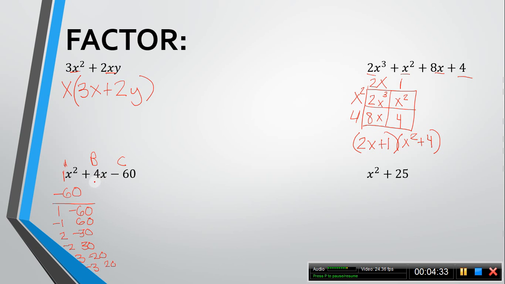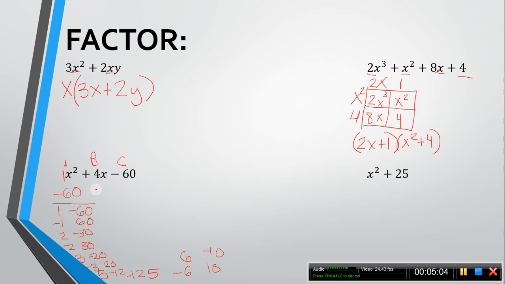Seems like I haven't hit 4 yet, so let's increase the numbers. 4 doesn't go in, 5 might go in. So if I put a 5 and then a negative 12, can also have the other way, negative 12 and 5. Still haven't hit a positive 4. So then what about 6 and 10? So negative 6 and a positive 10. Or I can have a positive 6 and a negative 10.